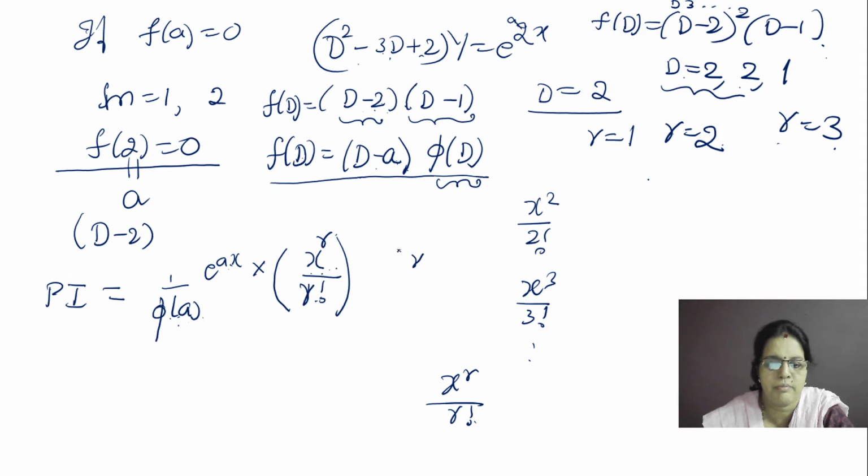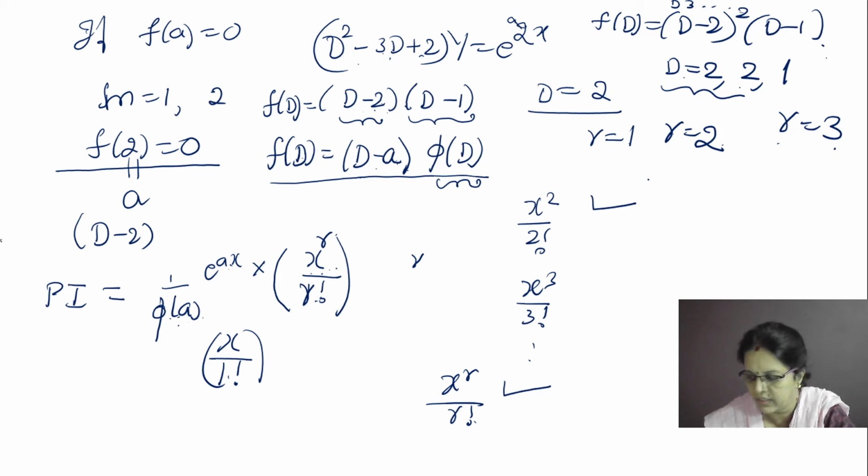So if it repeats once, it is just into x by 1 factorial. And if it repeats 2 times, x square by 2 factorial. If it repeats r times, x power r by r factorial. So this is the formula to find the particular integral. Once again I repeat, the particular integral is given by 1 by f of d into e power ax in general.